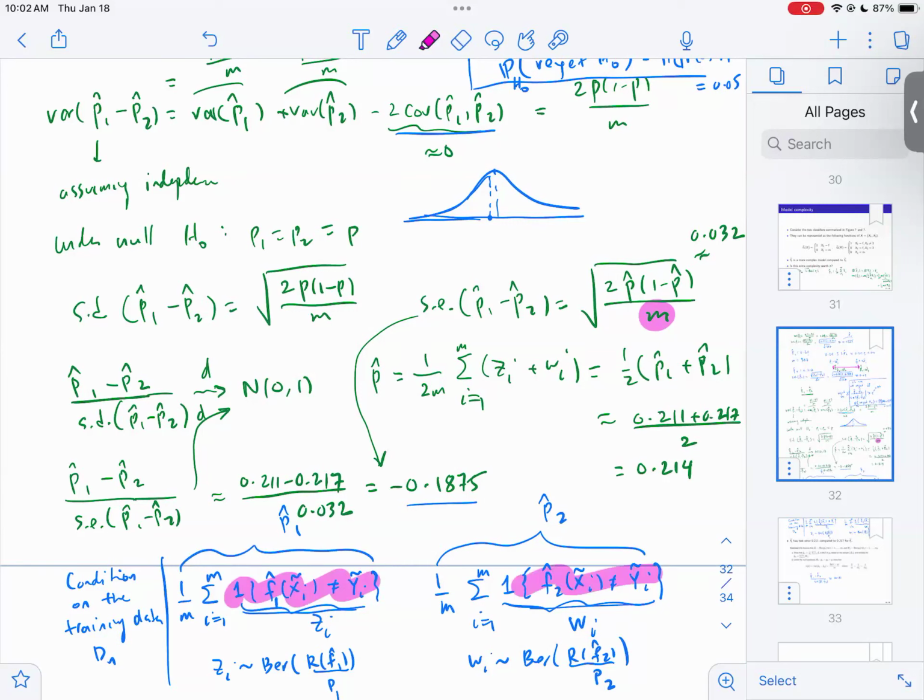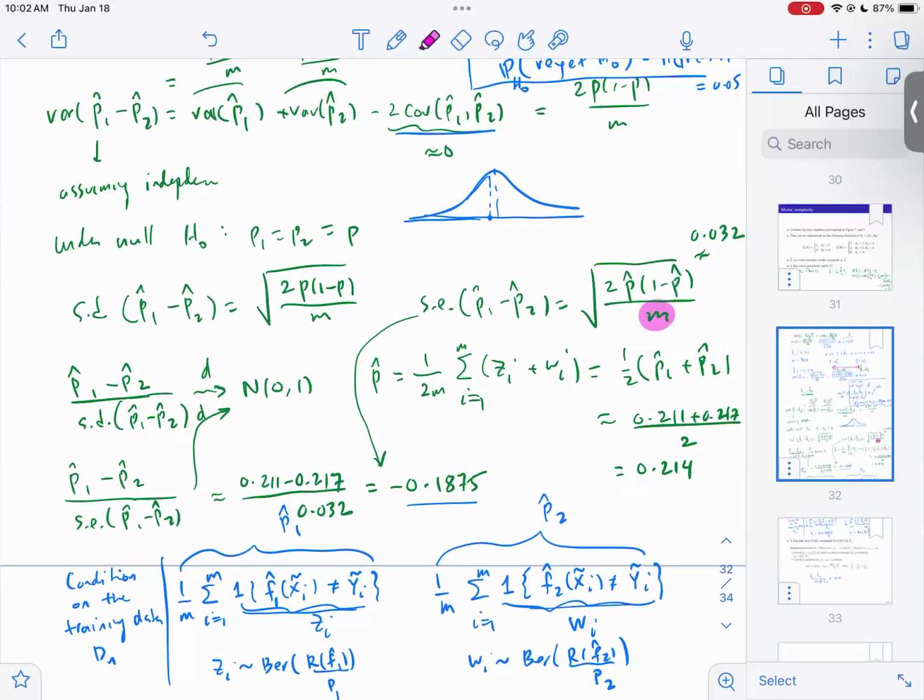These are two Bernoulli variables. The covariance of two Bernoulli variables is easy. It's the expectation of the product minus the product of the expectations. The expectation of the product is where both of them are 1, so the probability that both of them are 1. You have to go over your test data and see for which ones both of them make a mistake.